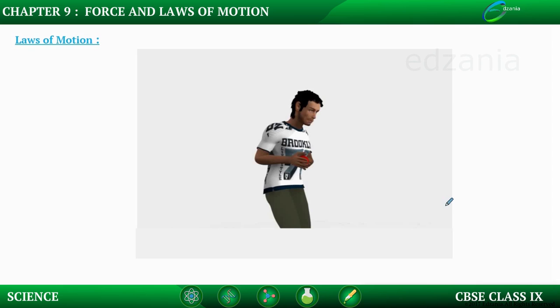So this ball is coming from here, it has a certain high velocity. By pulling his hands backward, he is gaining extra time in which the velocity of this ball will become 0.